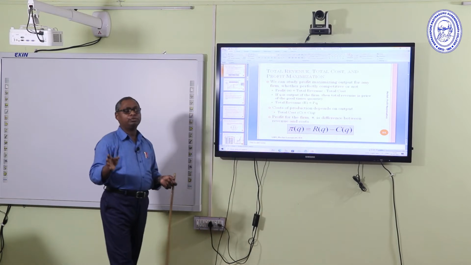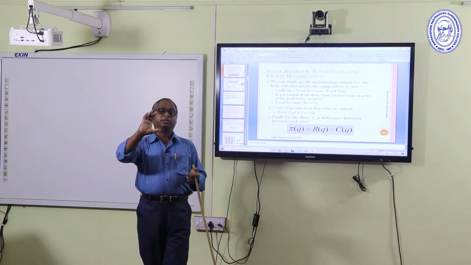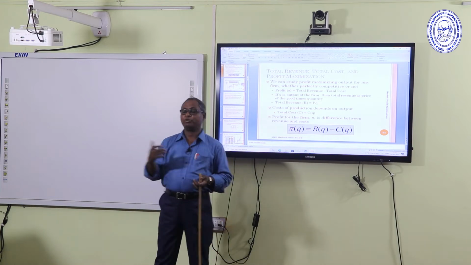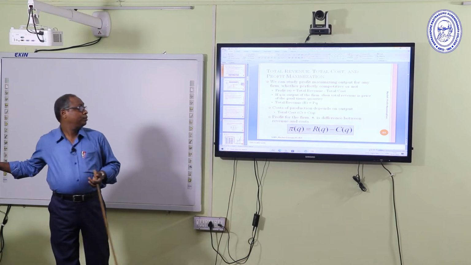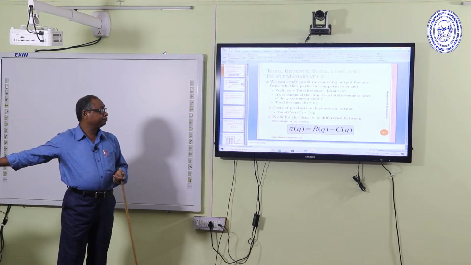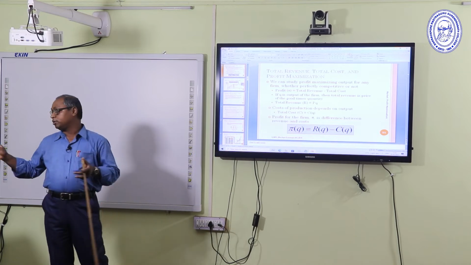If I want to get the equilibrium of the firm and the amount of profit the firm will earn from the market, it will be in the next figure, as you can see.